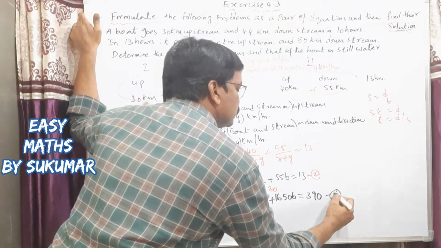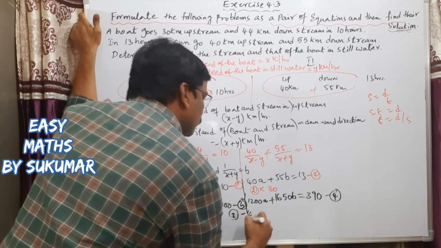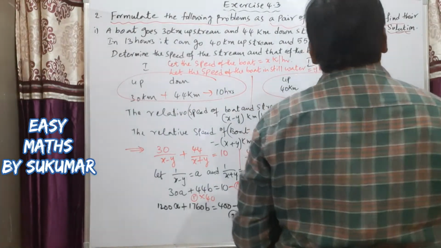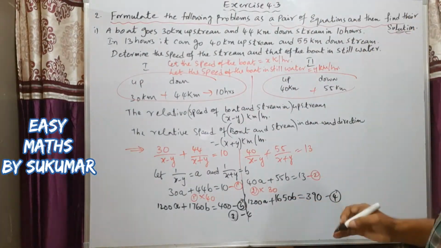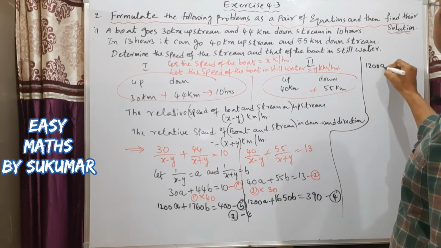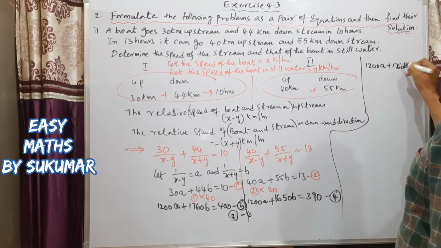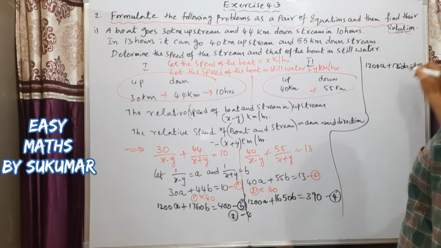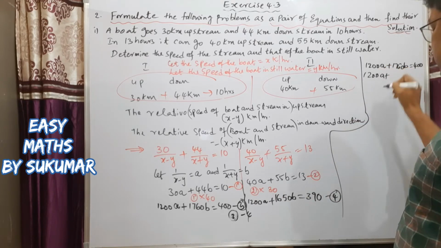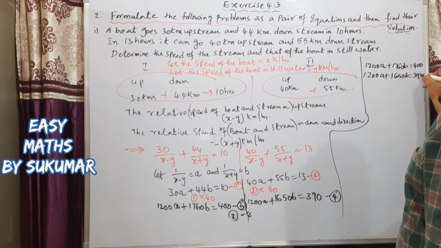Equation 3 is 1200a plus 1760b equals 400, and equation 4 is 1200a plus 1650b equals 390.